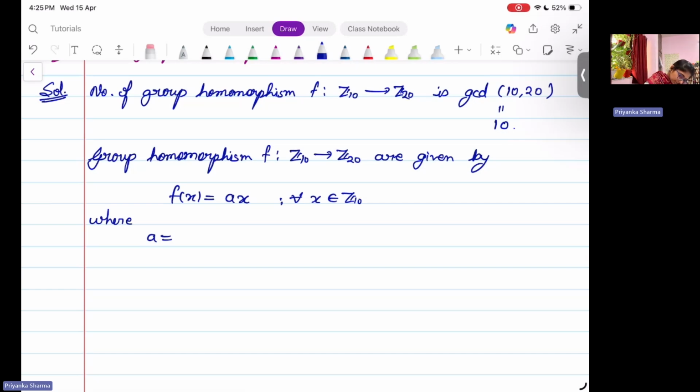So this is 20 by GCD, which is 10, into k, or this is 2k, where k varies from 0, 1 up to d minus 1, that is 9.